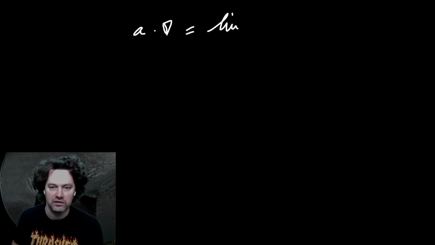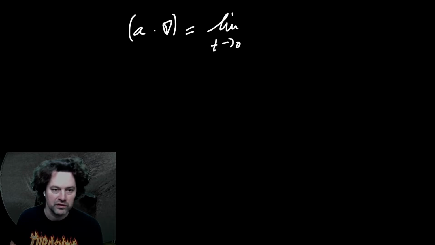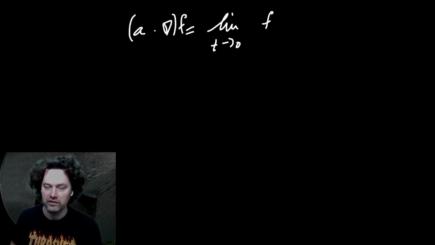We're going to define the derivative in terms of the directional derivative. So recall that a directional derivative has the following form. It is the limit, let's say as some parameter t goes to 0, of the directional derivative of f, and f can be a multi-vector function.